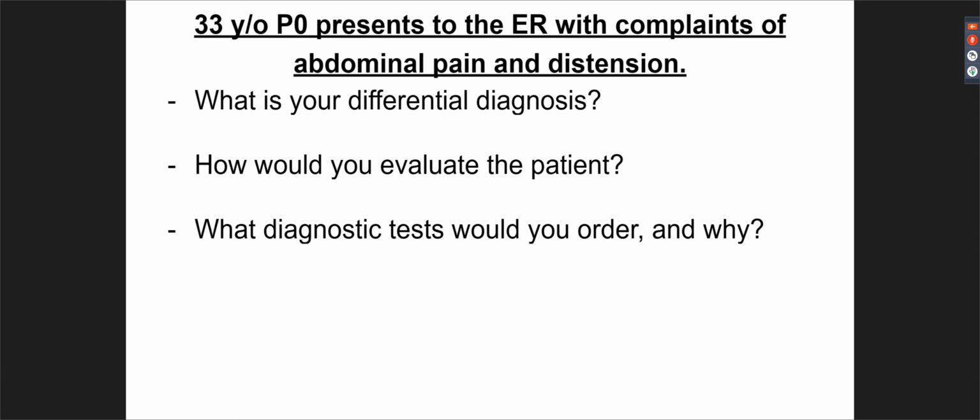Urinary tract infections can cause lower abdominal pain, and pyelonephritis can sometimes cause abdominal pain, specifically also in the flank areas as well. So that's abdominal? They can have referred pain with pyelonephritis.